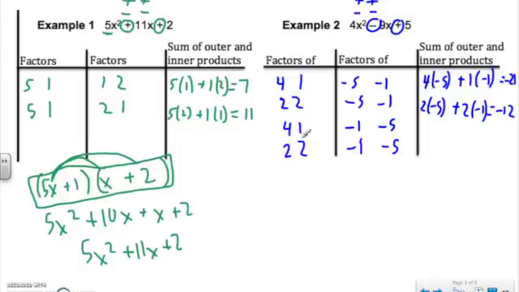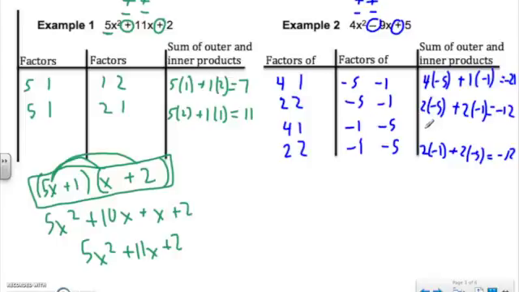Now, just to prove a point, I want to jump down to this one real quick. Notice in this one, our factors are the same. So even when we switch the order on this one, we're still going to have the 2 times negative 1 and the 2 times negative 5. That is not going to change since our two factors of our A term were both the same. However, with this one, since it's 4 and 1, our order is going to change.